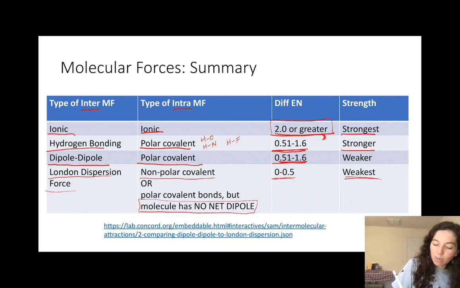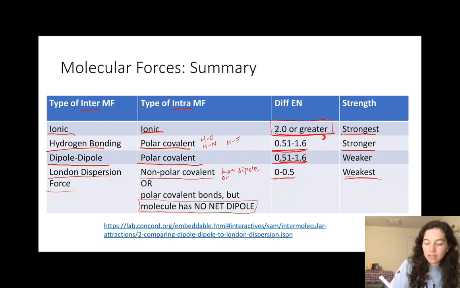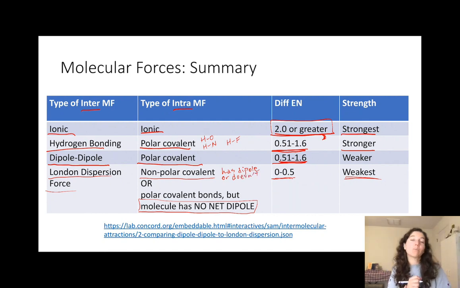So you can have nonpolar, and it can have a dipole, or it doesn't have to have a dipole. It doesn't really matter with nonpolar covalent bonds. It will always qualify as London dispersion forces if that's all it has in it. But if it has a polar covalent bond, it might qualify as dipole-dipole unless the molecule has no net dipole overall.